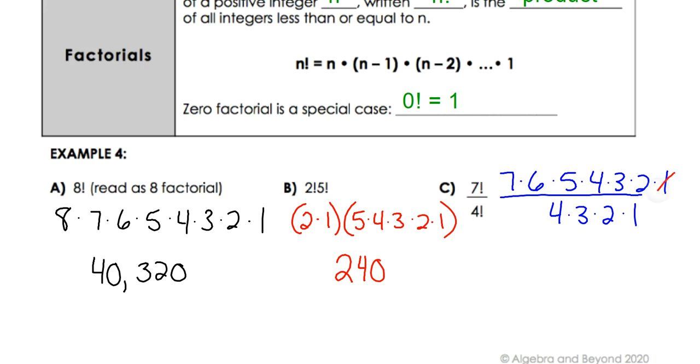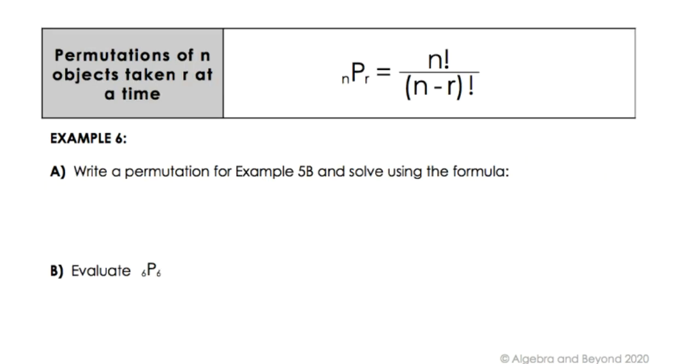So when we divide a number by itself, it cancels out to 1. So those would eliminate each other, and all we're left with then is 7 times 6 times 5, which in our calculator would be 210. So we can do factorials, we can multiply factorials together, we can divide factorials from each other. So we're now going to use those to start to figure out some different counting principles as we go.